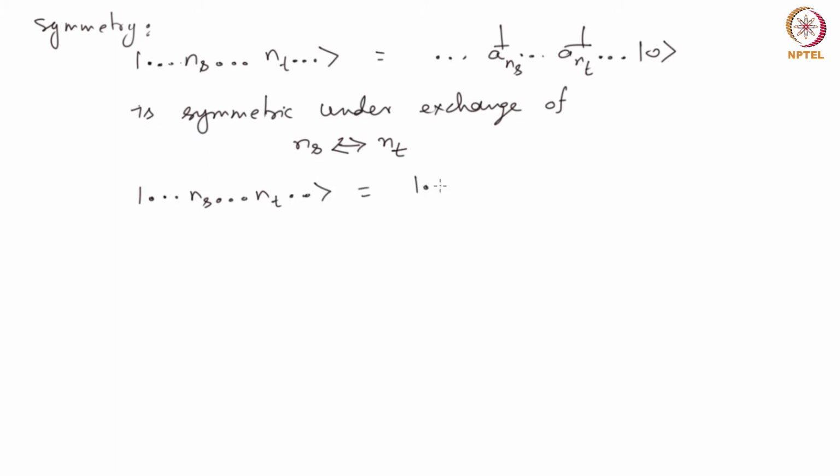Okay, so I can say everything remains the same, and here I interchange NT and NS. That is the statement about the symmetry of the states of this system. Okay, that's good, and as you saw, the reason was that A daggers commute. Okay, that's fine. Nice.